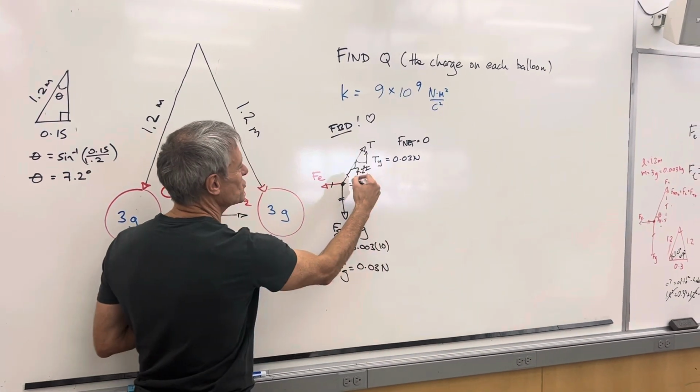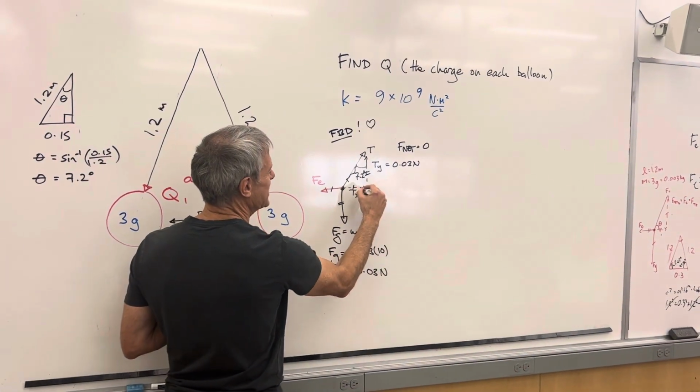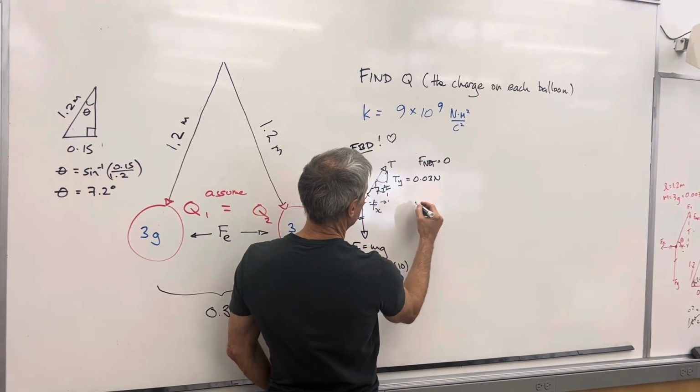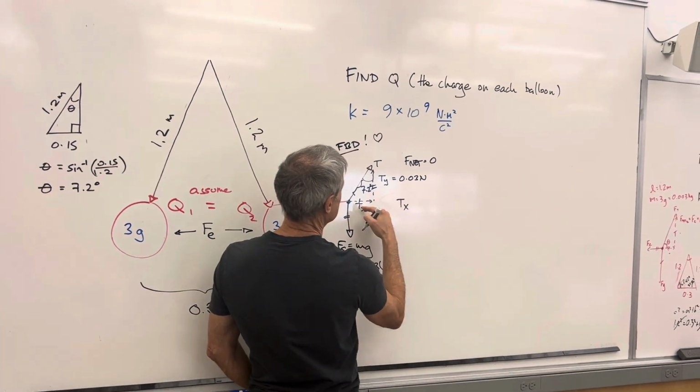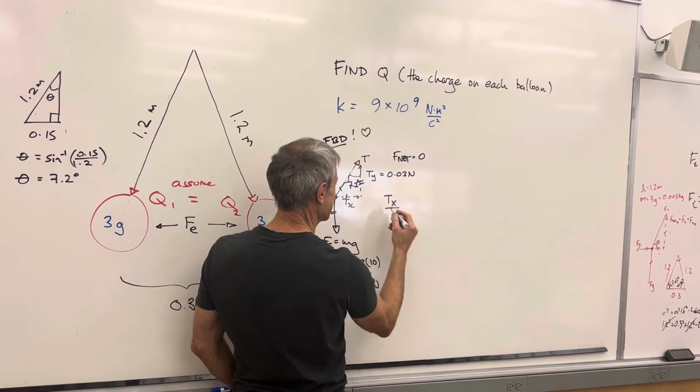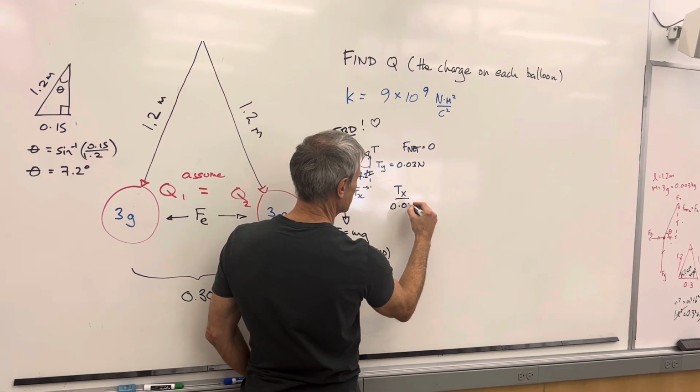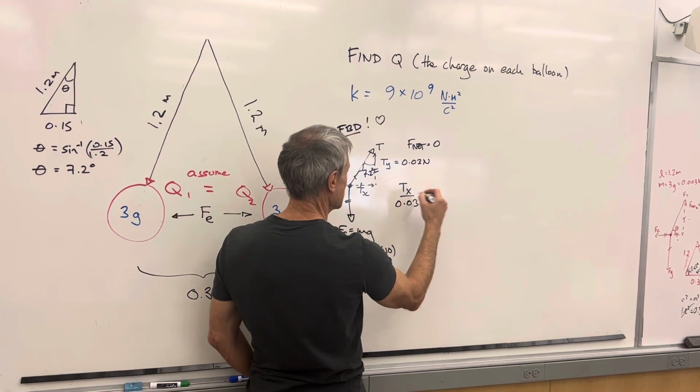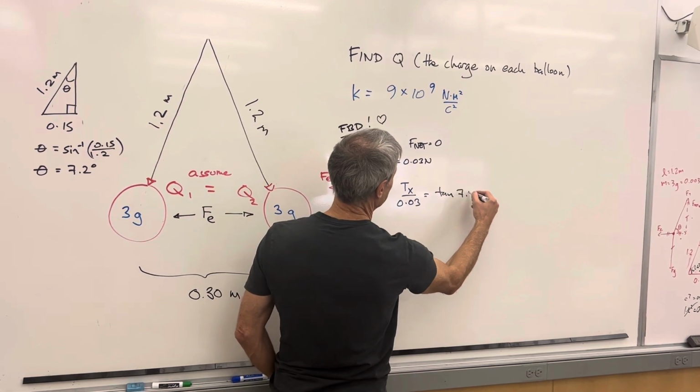So we know the angle of this triangle and we know this side, which means we can find this side. Tx is opposite over adjacent with 0.03, so it's the tangent of 7.2.